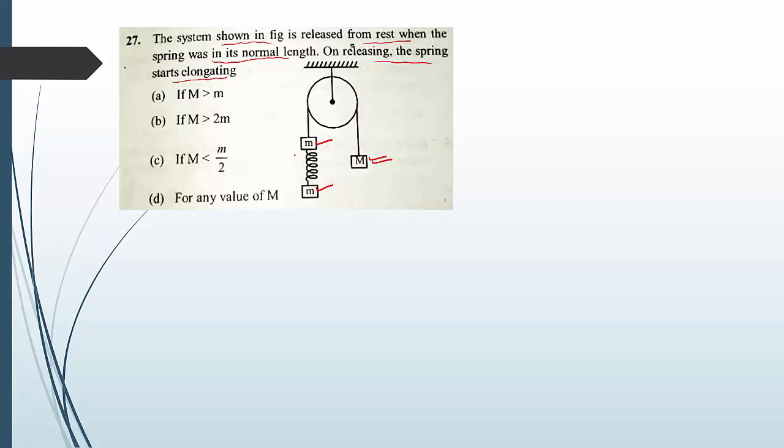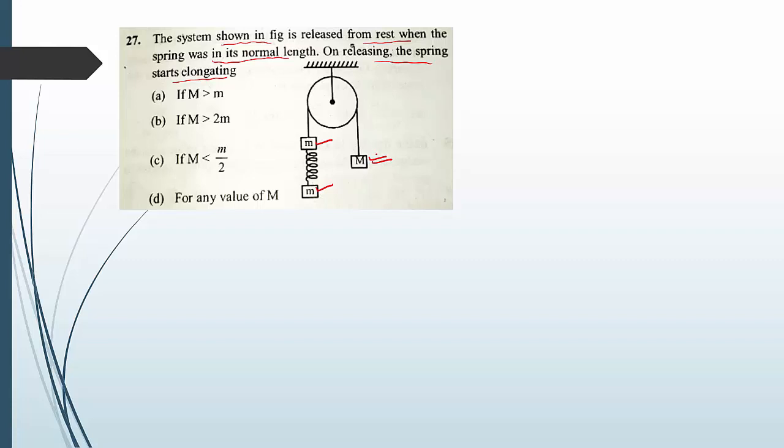Is it clear? When we release the spring, you can think practically here, elongation takes place. So this m and m, there is no acceleration. They will be at rest, means their acceleration is 0. But when we release this capital M on this side, it will be elongated for any value of m.